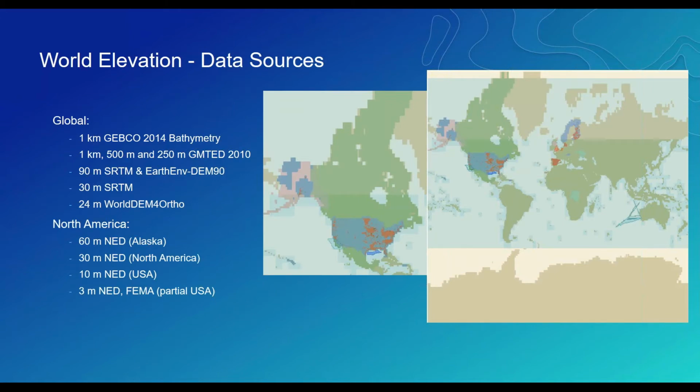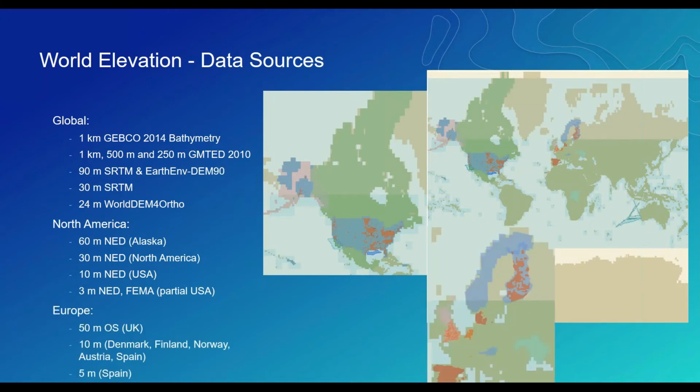In North America, we have 30 meter NED from USGS. Then in the USA, it goes down to 10 meter and 3 meter in some partial areas. In Europe, we have 10 meter available from Denmark, Finland, Norway, Austria, and Spain. And then we have a few bathymetric data sources from NOAA and Geoscience Australia, which covers 150 meter in the MH370 Malaysian Airlines search area.